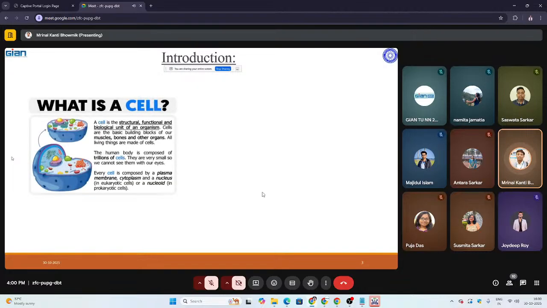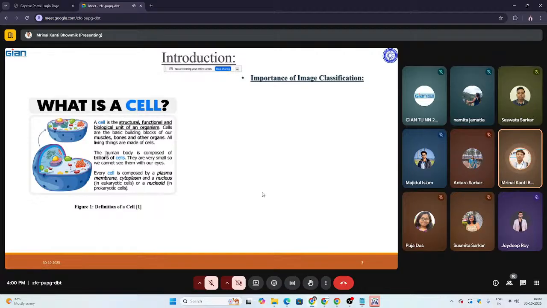This is my introduction: what is a cell? As you already know, a cell is the basic unit of life. A cell is the structural, functional, and biological unit of an organism. Cells are the basic building blocks, and human bodies are composed of cells, as Professor Niharika Nath Madam already explained, and you all know about that.